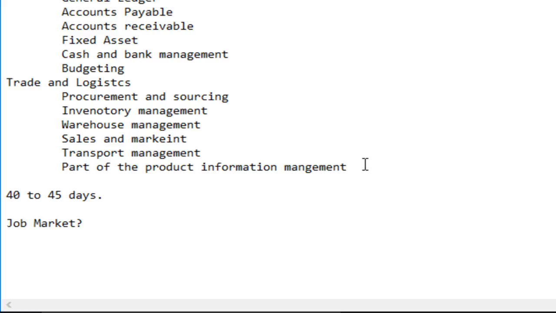Sometimes I may not be available, sometimes class may be cancelled due to unavoidable reasons, maybe rainfalls, so I may not come. But at any cost, the course will be completed in 45 days. We will try to finish in 40 days minimum, but at any cost it will be completed in 45 days. Whether financials or trade and logistics, it's a 45 days course.